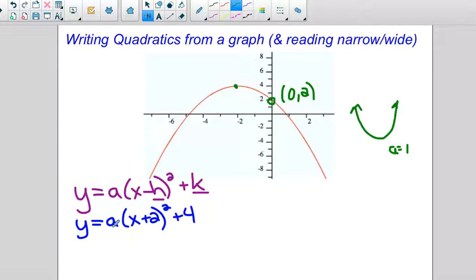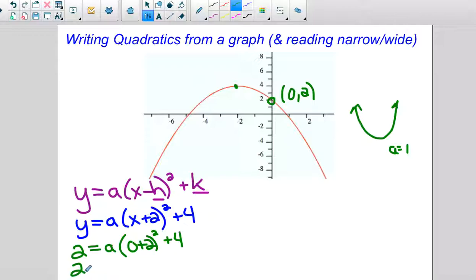So I say, okay, 2, since that's the y coordinate, equals a times the quantity x, which is 0, plus 2 squared, plus 4. And then 0 plus 2 squared is going to be 4.